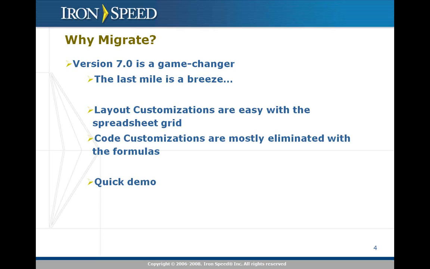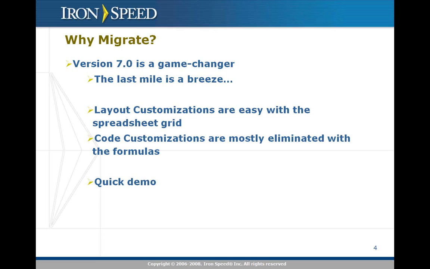The second, and probably even more important, game-changing feature introduced in version 7.0 is the feature that we call formulas. Most of the things that required code customizations can now be done with formulas.